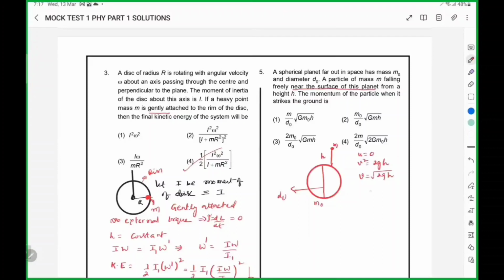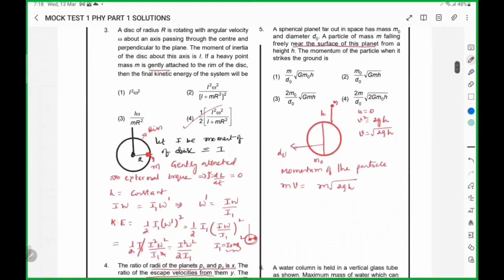So the momentum of the particle is mass into velocity. We know that g is equal to GM by r square near the surface of any planet, where g is GM naught by d naught square by 4.